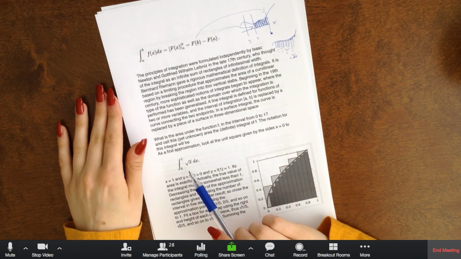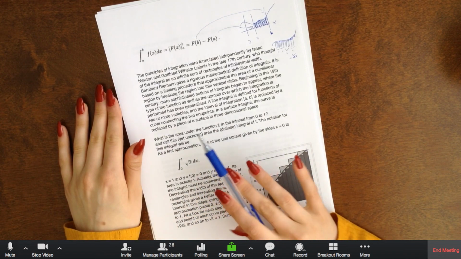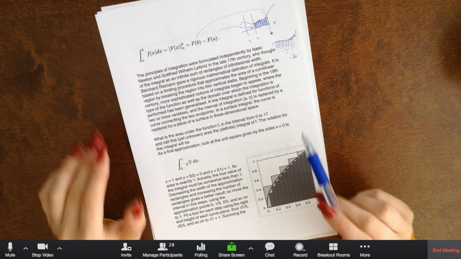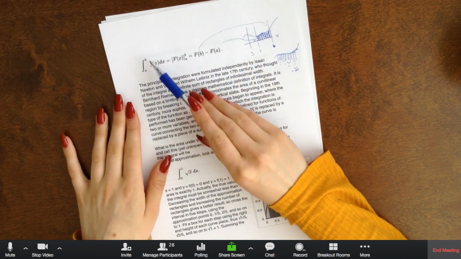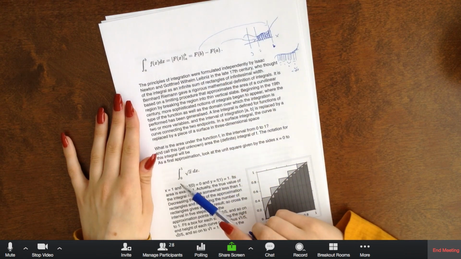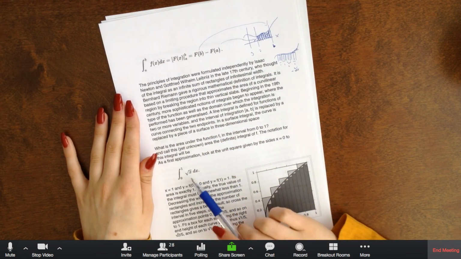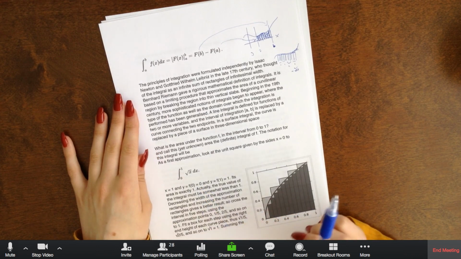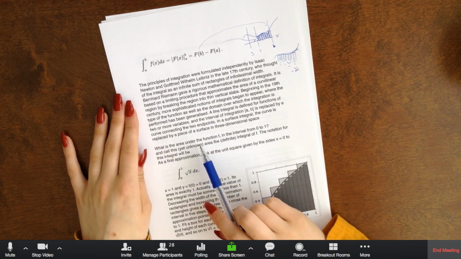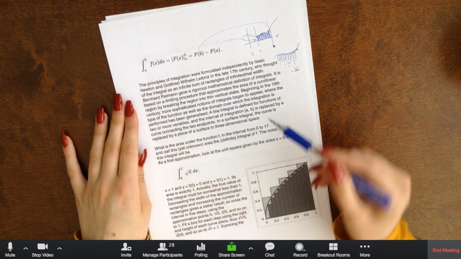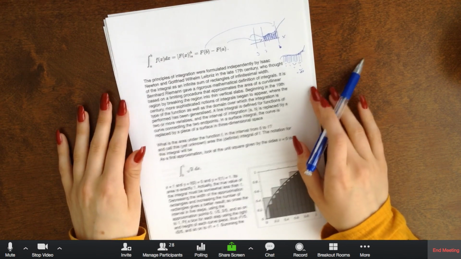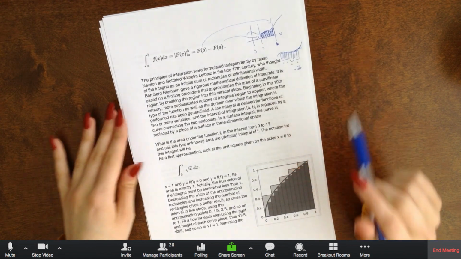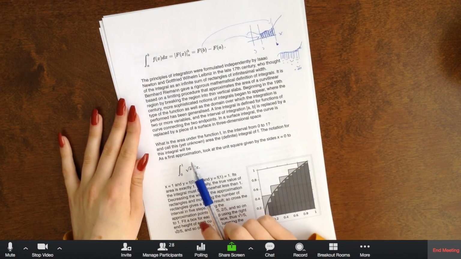So next we have a bit more practical. Replacing the A and the B that we had right here and right here with 0 and 1, and our function is the square root of x. So what is the area under the function f in the interval from 0 to 1? So here we have the first approximation.